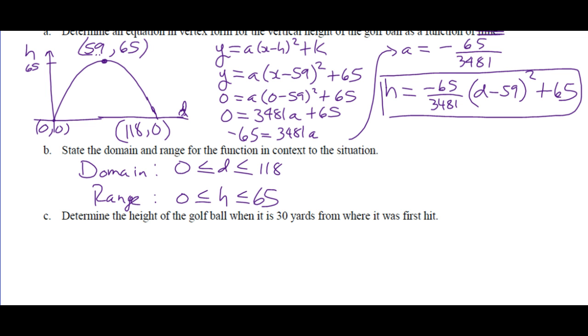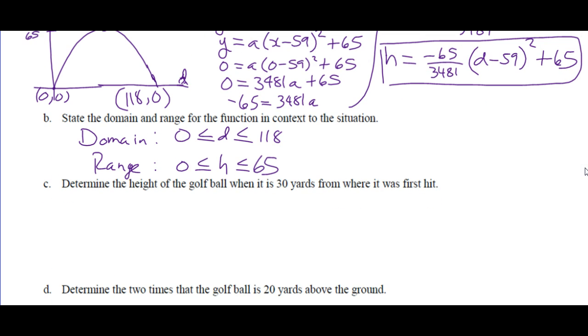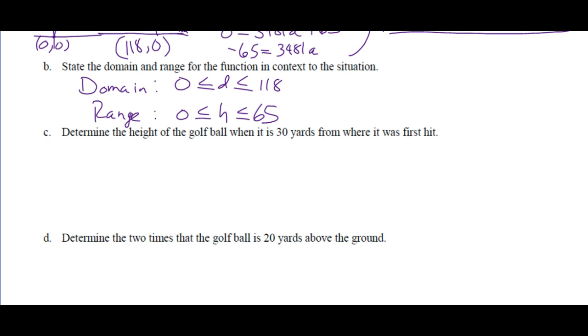Determine the height of the golf ball when it's 30 yards from when it was first hit. So we're going to go back into here, put a 30 in for the distance. You're going to work it out, because you'll be faster. Okay, so what's the formula we're going to use here? D equals 30.